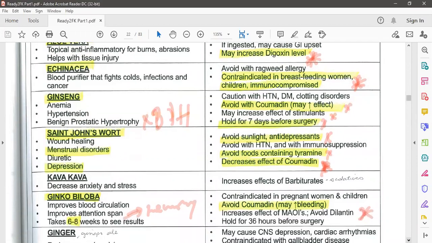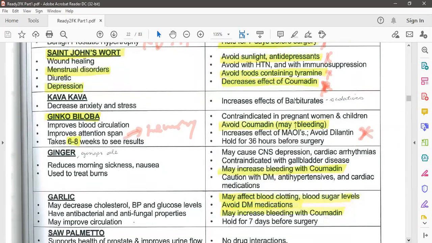So what is written here? Let me read it. Avoid the sunlight. It is used as an antidepressant, so St. John's wort and antidepressants should not be given together. Avoid hypertension also with immunosuppressants. Also avoid food containing tyramine. So this is another most common question the NCLEX board asks. St. John's wort and tyramine-containing food not together.